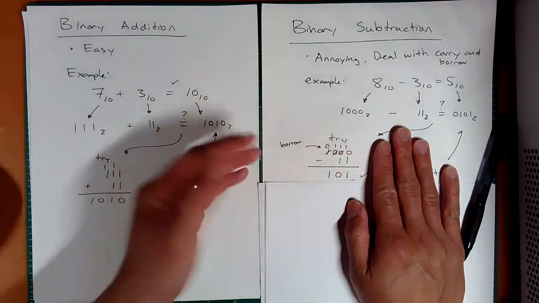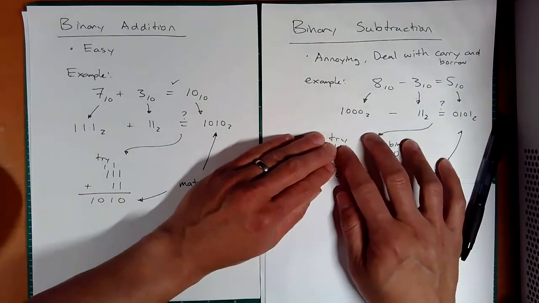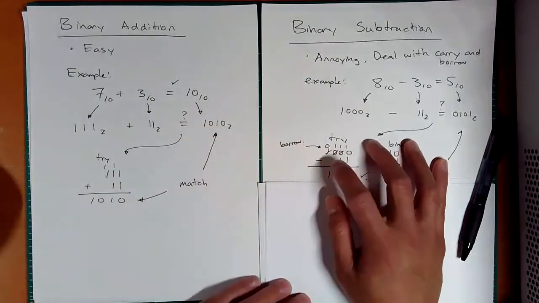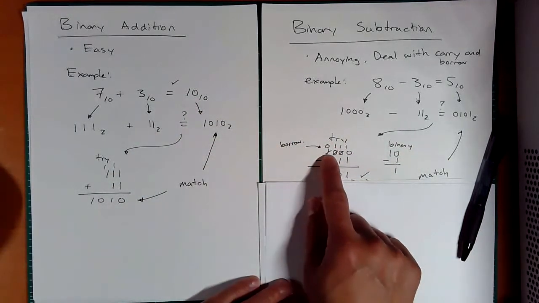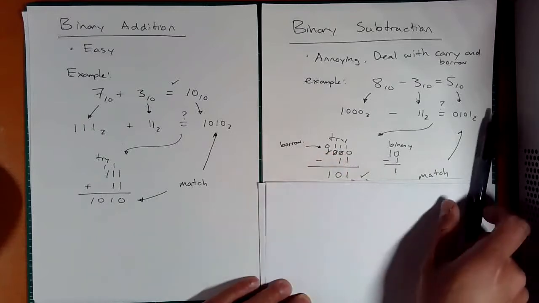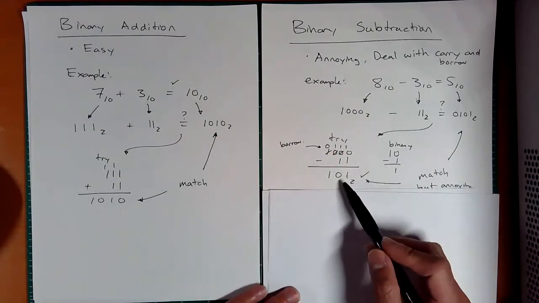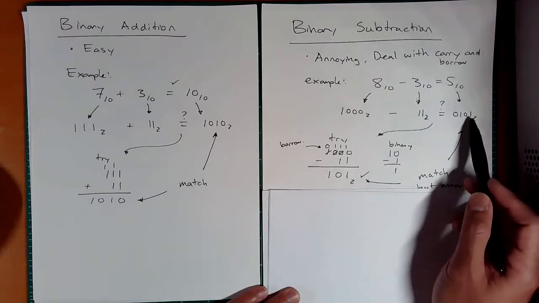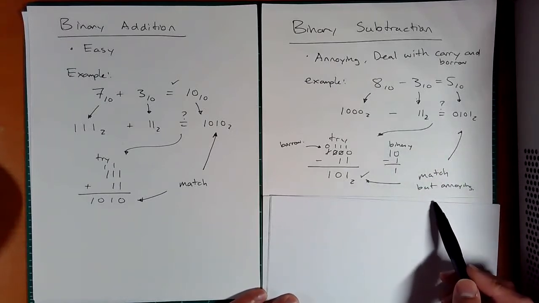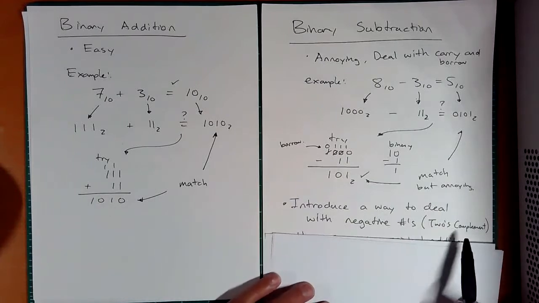But then eventually you're able to get what you want because now you have a 10 here, minus 1, which is 1, 1 minus 1, which is 0, 1 minus 0 is 1, and then this guy, sorry, is gone, right? So we had to borrow all the way over here from the 8's place, okay? Over here, we get the answer 1, 0, 1, and does that match? It does, but it wasn't so fun, right? It wasn't so fun. So let's introduce a way to deal with negative numbers.